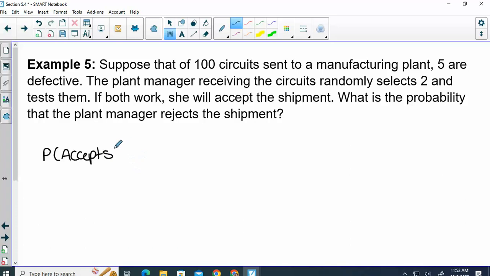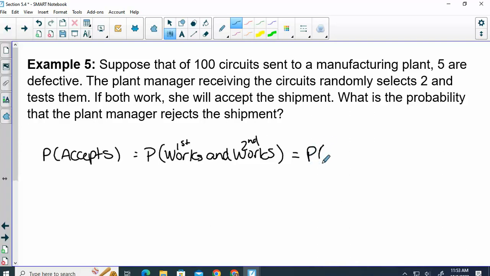Okay, so we know that the only way she accepts it, you guys told me, was if they're both good. So if they both work. So the probability the first one works and the second one works, right? Maybe I should say probably the first works and the second works. Okay.